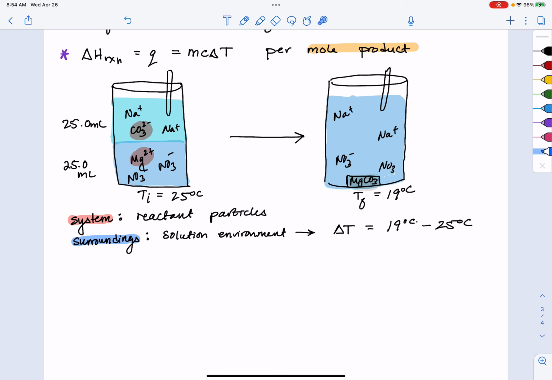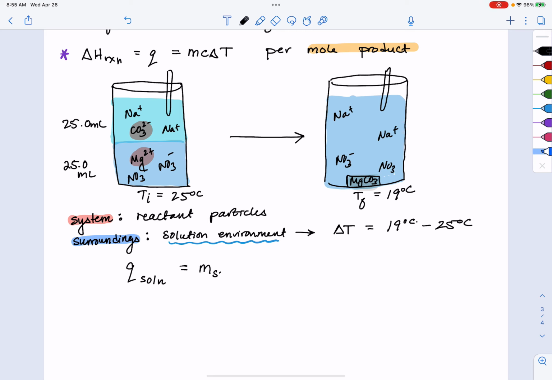So since I know about the solution environment, specifically the change in temperature of the solution environment, then I can figure out Q solution. How would I figure that out based on what I know about how to find heat?